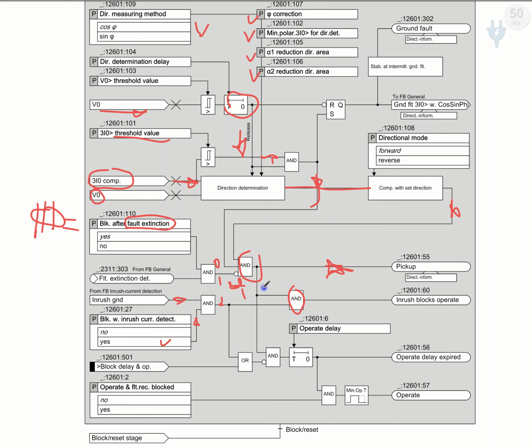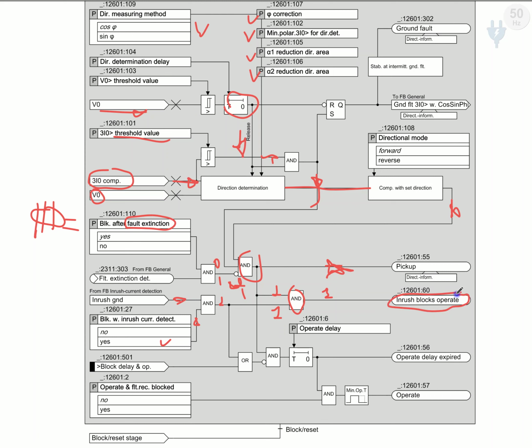This is supplied to another AND block. We know that this is the only signal that is going to be supplied to the pickup. If it is trying to pick up, here we have 1, and here also we have 1. Now the output becomes 1. Now here it is displayed and shown to the system.